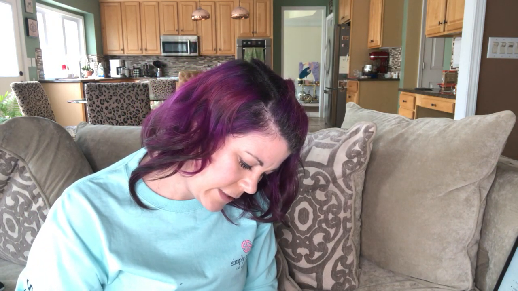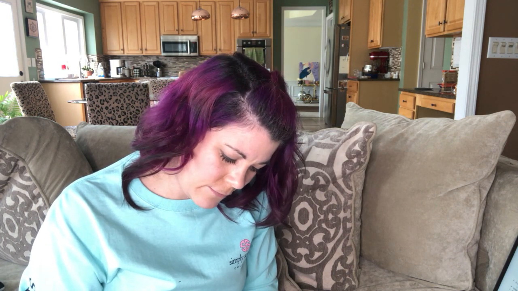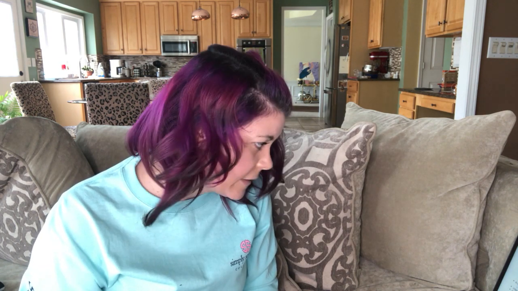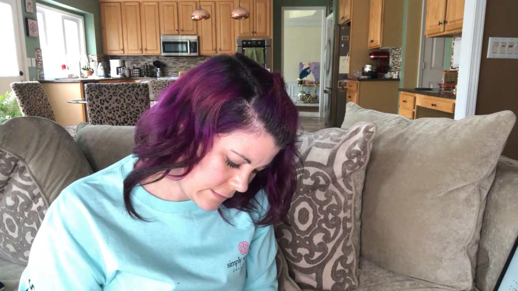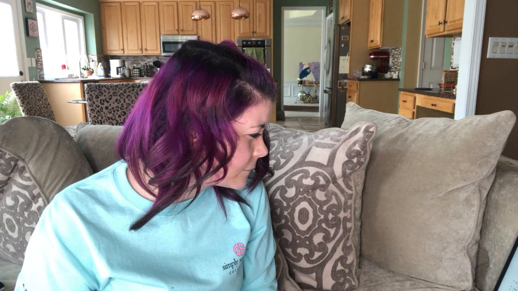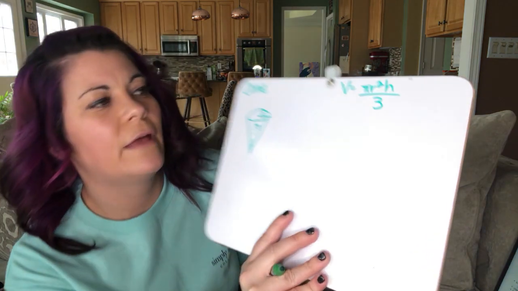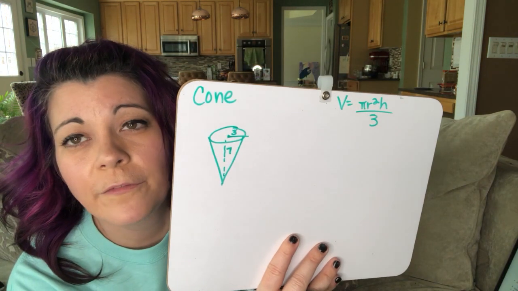So let's have a cone. Radius is 3, and the height is 7. So the volume of this cone would be pi r squared h.